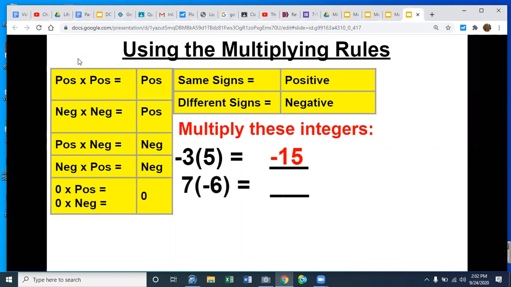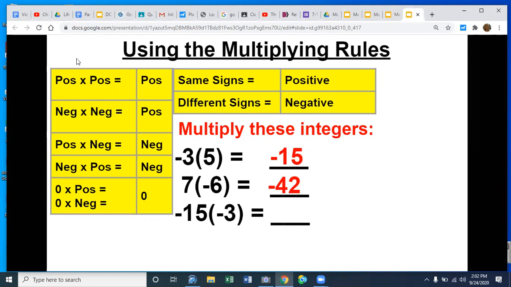7 times negative 6. One is a positive, one is a negative. Look at your chart. Different signs. You're going to have an answer of negative 42, correct. What about negative 15 times negative 3? Is the answer going to be positive or negative? Exactly, they're both negative signs, so the answer is going to be positive.